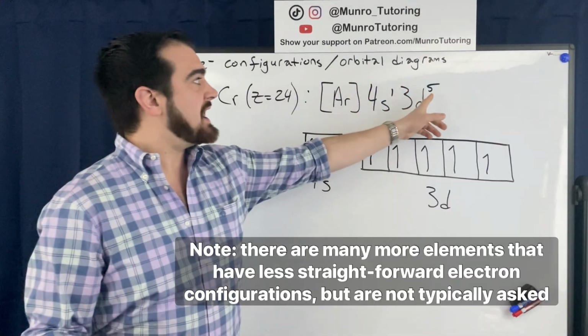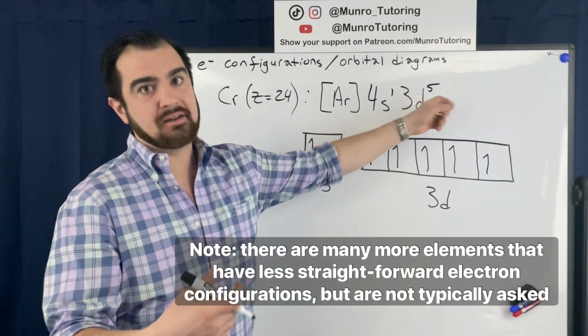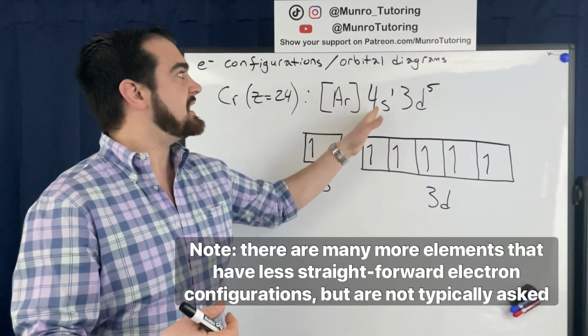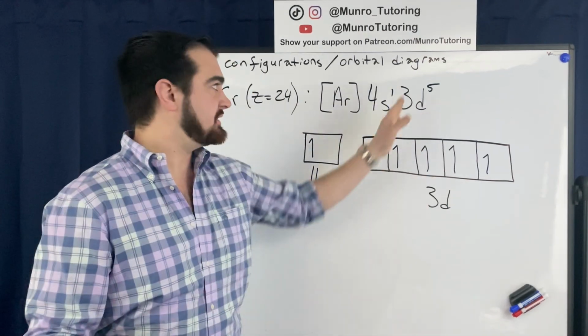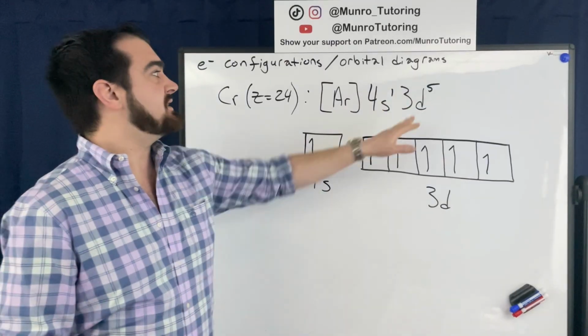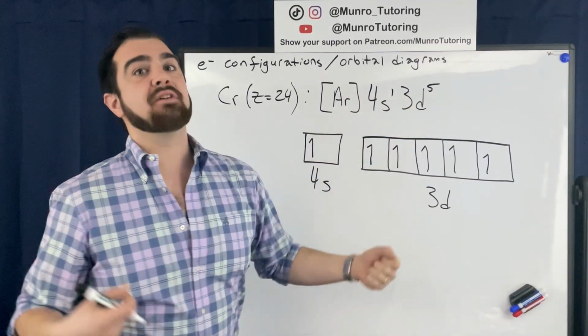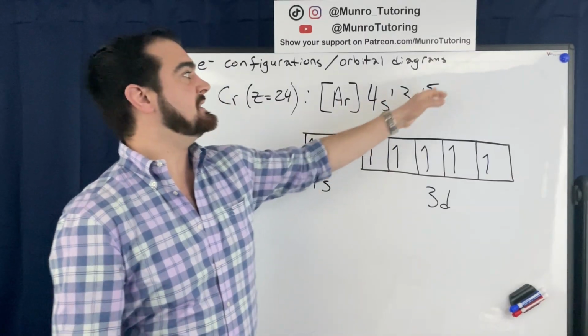If it would have ended in a d4 or a d9, you're going to take one from the s and make it that the d is either half full, so you're going to end up with an s1 and a d5, or if this was d9, it would rather be completely full. So you would make an s1 and a d10.